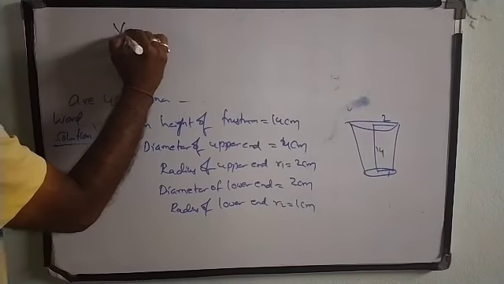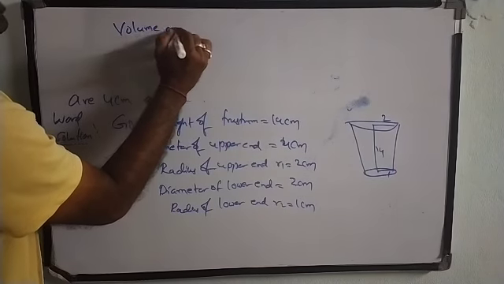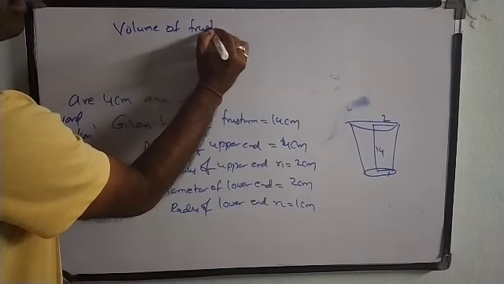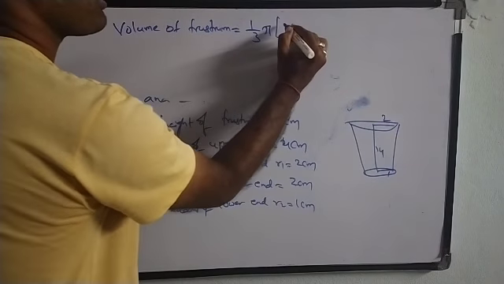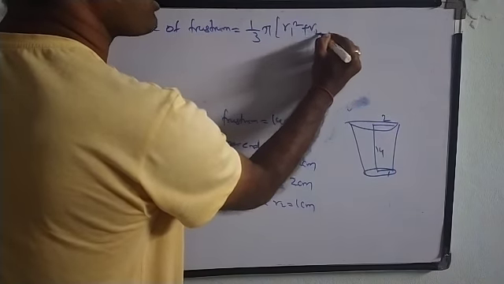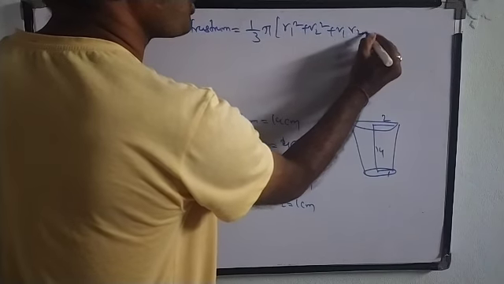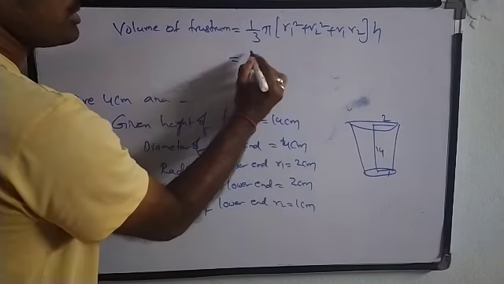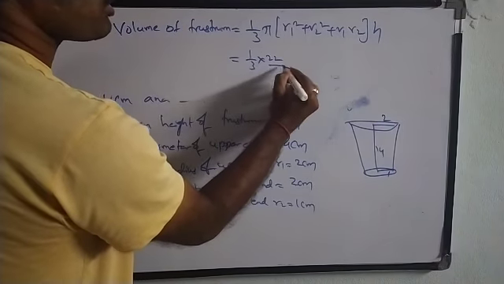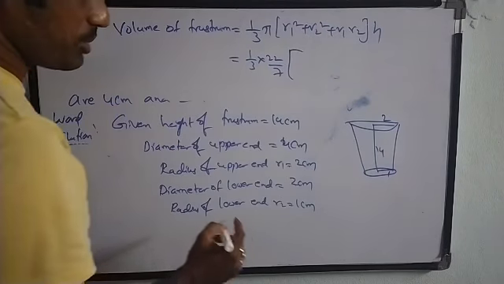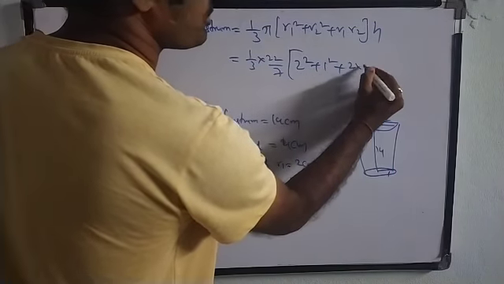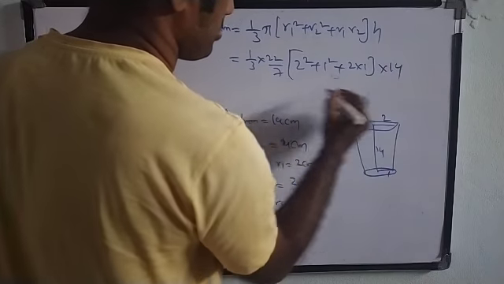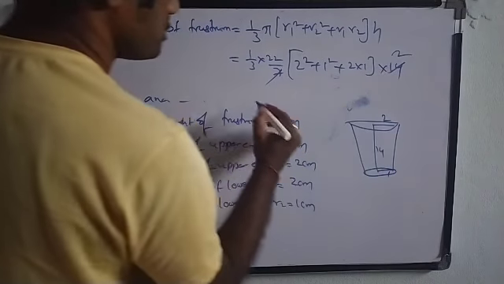So he is asking volume, capacity. Volume of frustum is equals to 1 by 3 pi into R1 square plus R2 square plus R1 R2, into H. So 1 by 3 into pi is 22 by 7 into R1 square, that is 2 square plus 1 square plus 2 into 1, into 14. So 7 2s are 14.